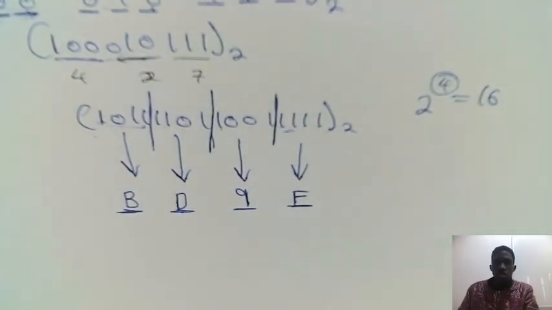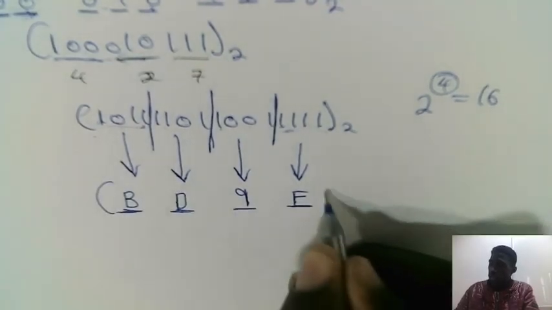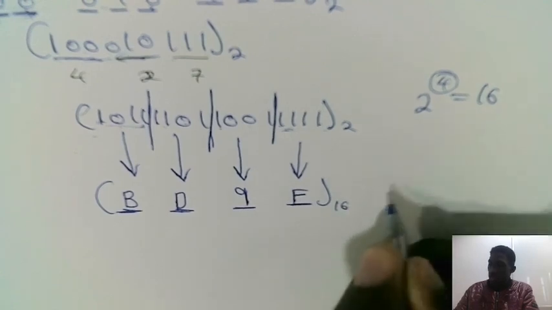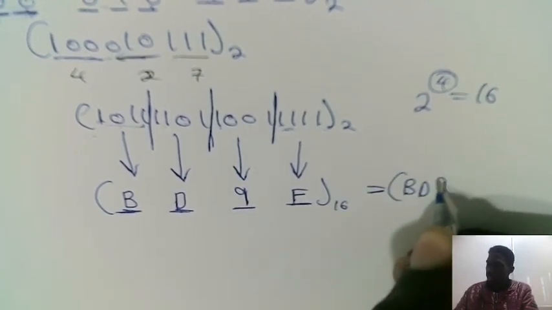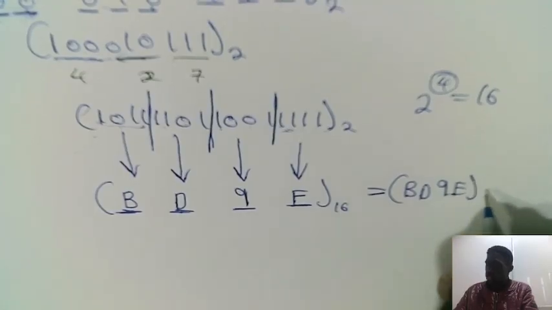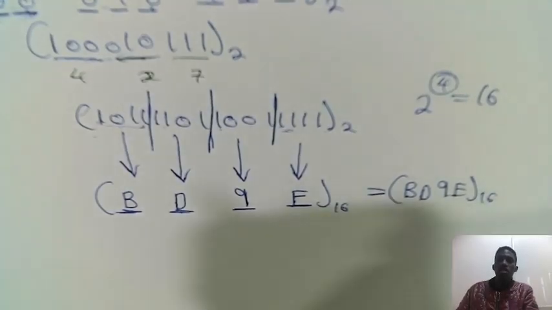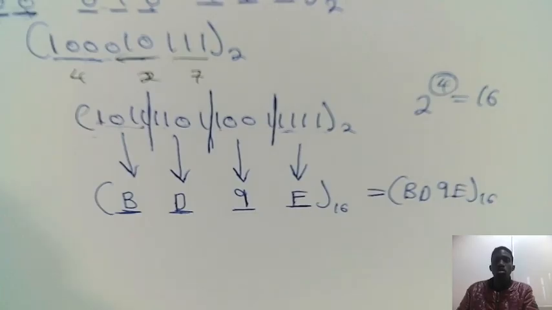And here we have our final answer, all in base 16. So you can just write it together now: BD9F in base 16. Numbers are easily converted from base 2 to base 16 using this technique. Let's move over to the next example.